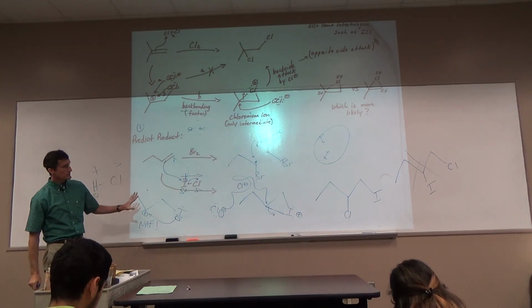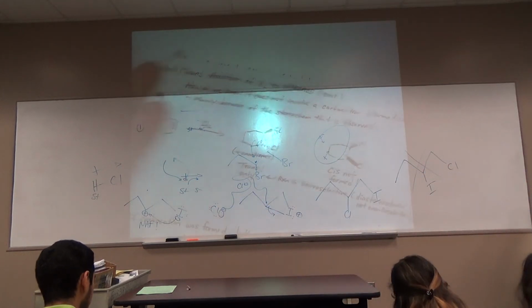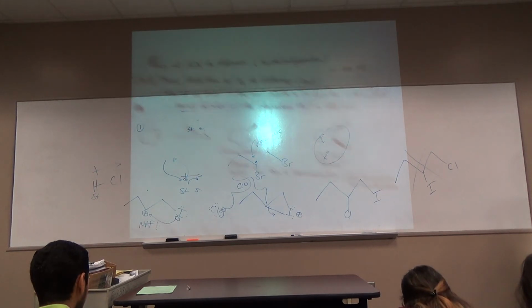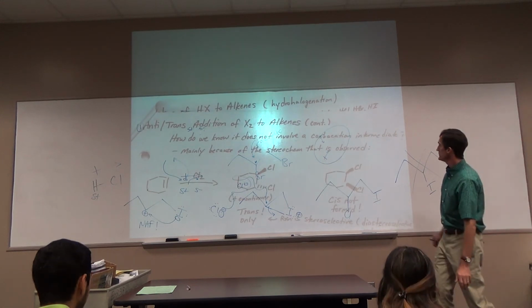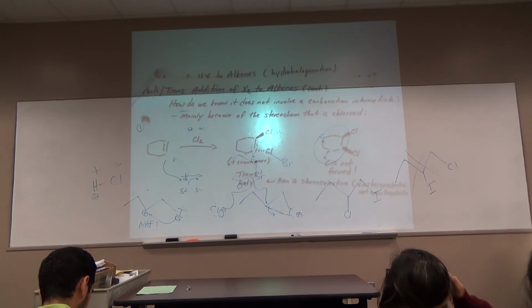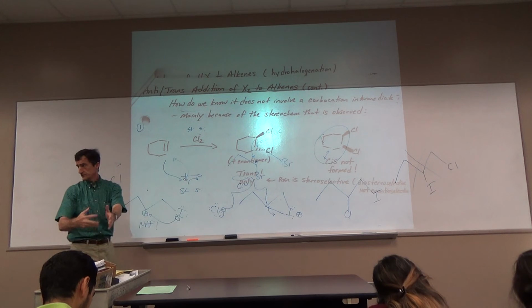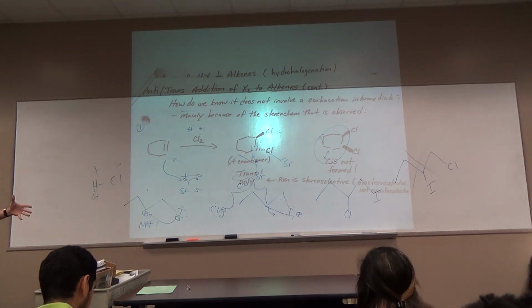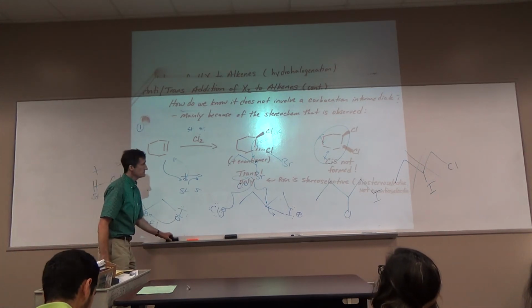So, questions about that bottom reaction? Okay. How do we know this reaction does not involve a carbocation? Other than the fact that it makes sense that back bonding is going to be faster. Well, even though it's faster, we still don't know that maybe the cation formed and then the back bonding came in.